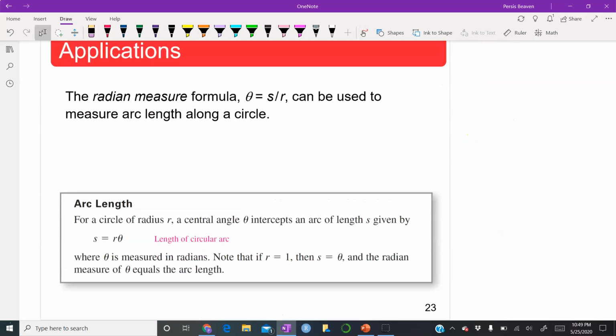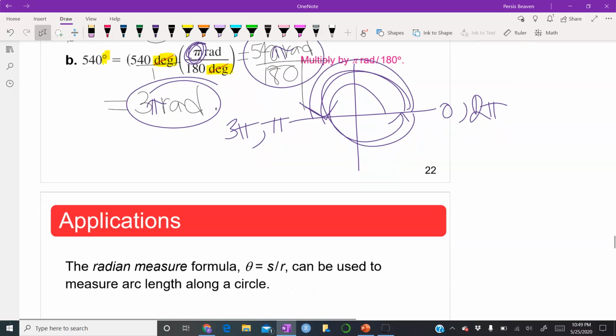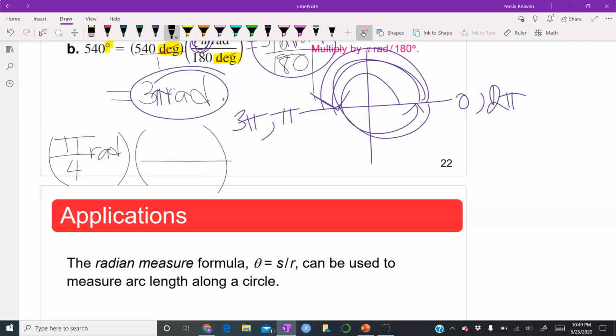So radians, and I know there's no example here, so let me just make up one. Let's try pi over 4, and let's say we want to convert this to degrees. So we have radians here, and we're going to use the conversion factor that has pi radians at the bottom, because if we want to convert to degrees, we want to cancel the units radians.